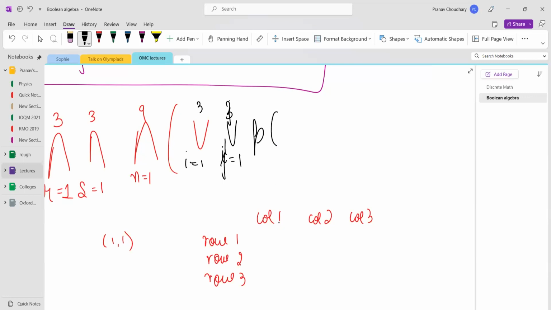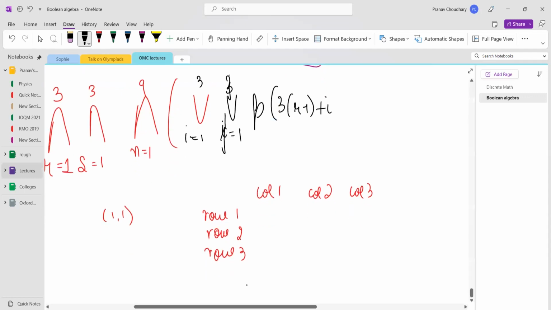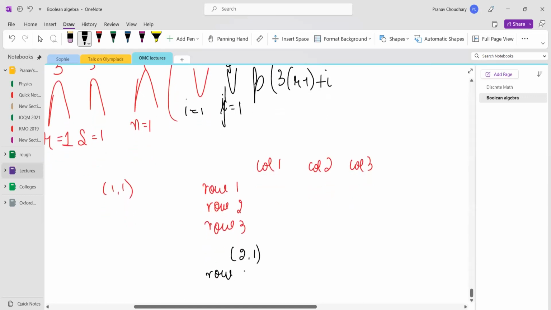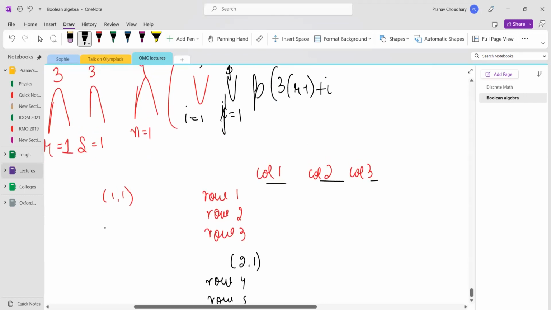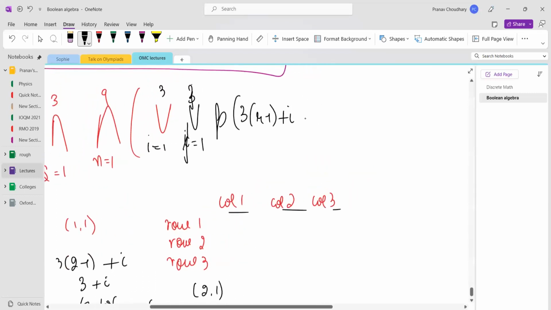So the row number ranges from 3 times R minus 1 plus I. If you see block 1, R is 1, so this will range from I equals 1 to 3. If you see block 2, comma 1, which has row 4, row 5, row 6, and columns 1 to 3, then this will be 3 times 2 minus 1 plus I, which is 3 plus I. So this ranges from 4 to 6 as required.